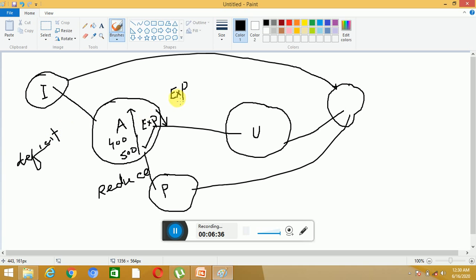When your exports decrease, your imports increase. Imports are already high. Our imports are at the same level. Suppose imports are 60 billion dollars.